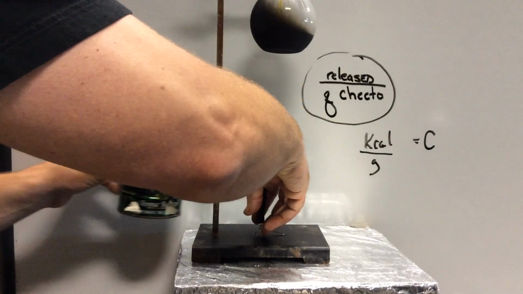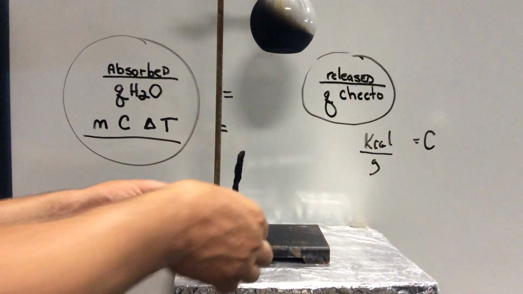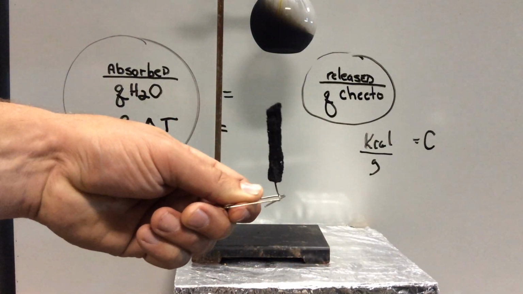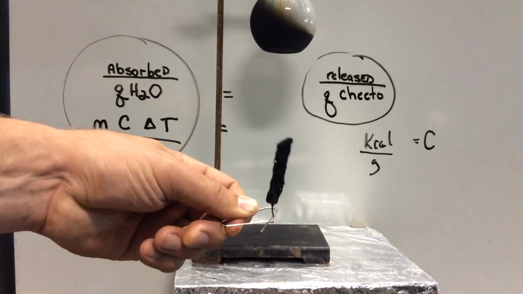And what we have here is our Cheeto. And you can see the Cheeto is nothing more than a piece of carbon. But not all of the Cheeto burned. Only the fat is really combustible by oxygen.